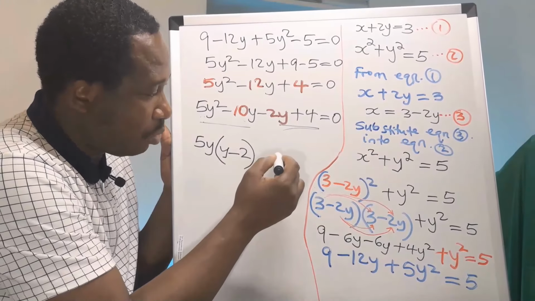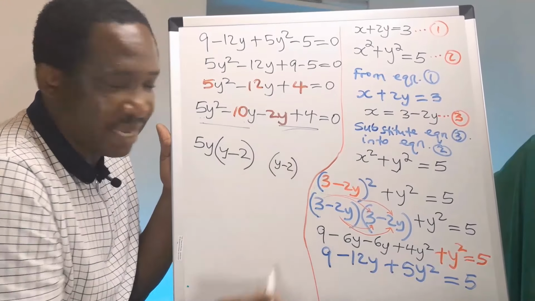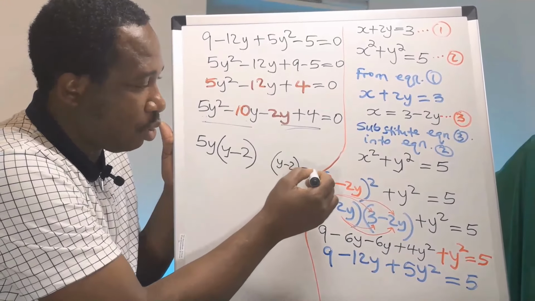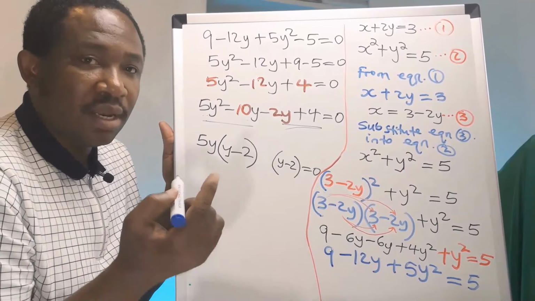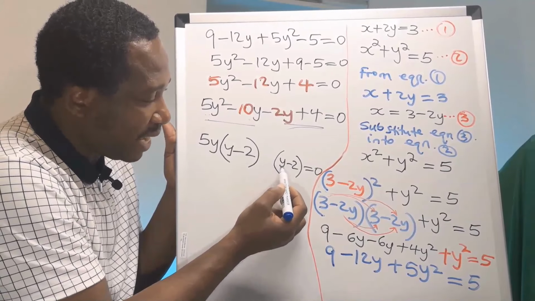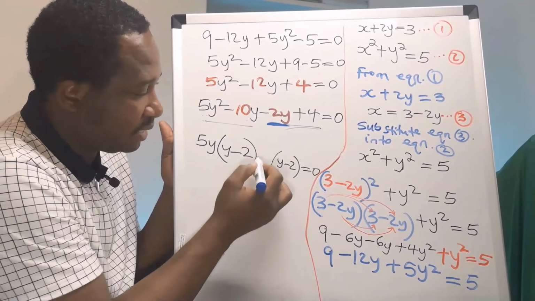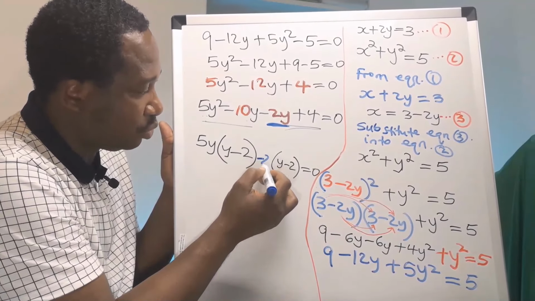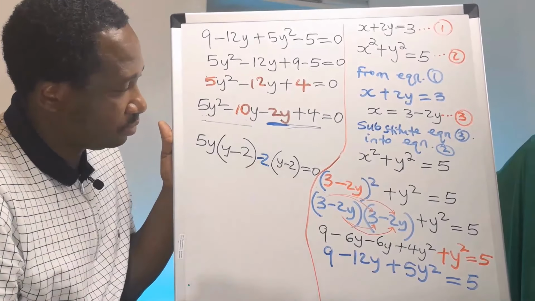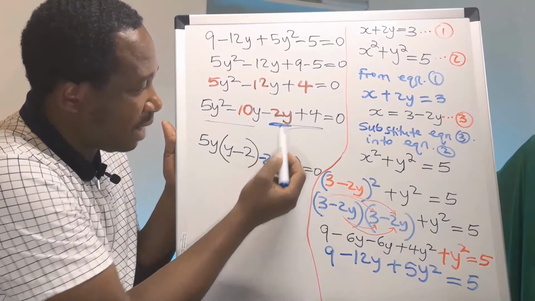Next, I will open a bracket, copy whatever it is here, and paste, is equal to 0. Next, what will I put here so that if I multiply it with this y, I will get the third term? It is minus 2. Minus 2 times y will give you minus 2y.